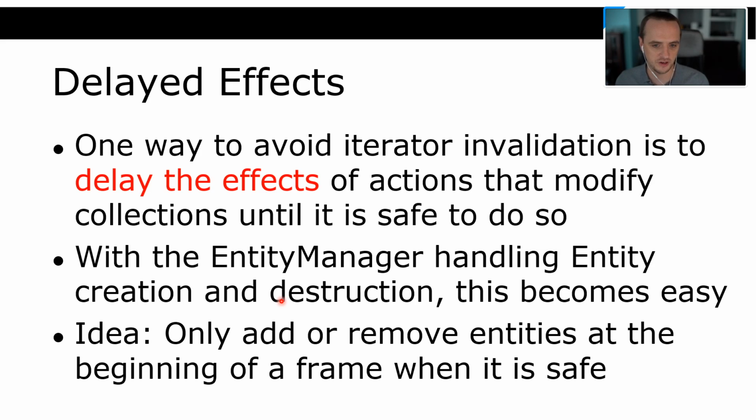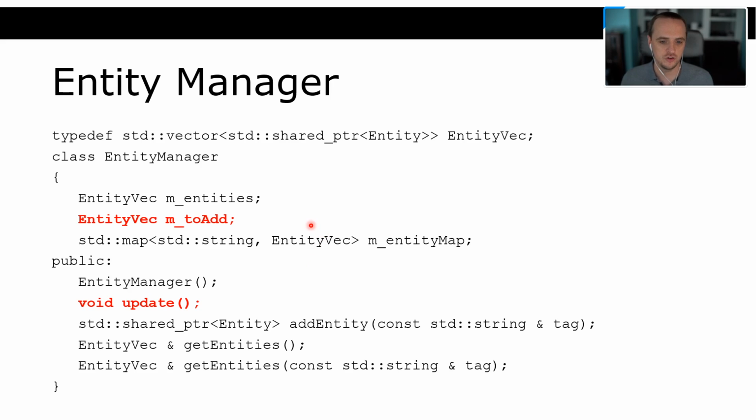But first, in order to implement this, we need to have two more things added to the entity manager class. One is a vector called toAdd. Whenever we want to add an entity to the entity manager, it's first going to add it to this separate vector of entities, which is like a buffer.